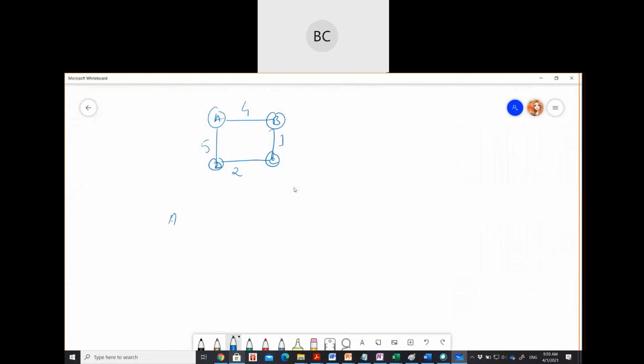One can be your A, 2. What will be the sum for this particular spanning tree? 4 plus 5 plus 2, 11.